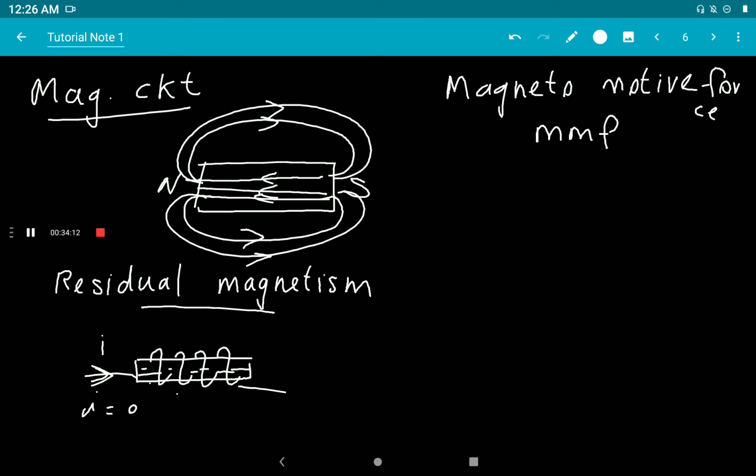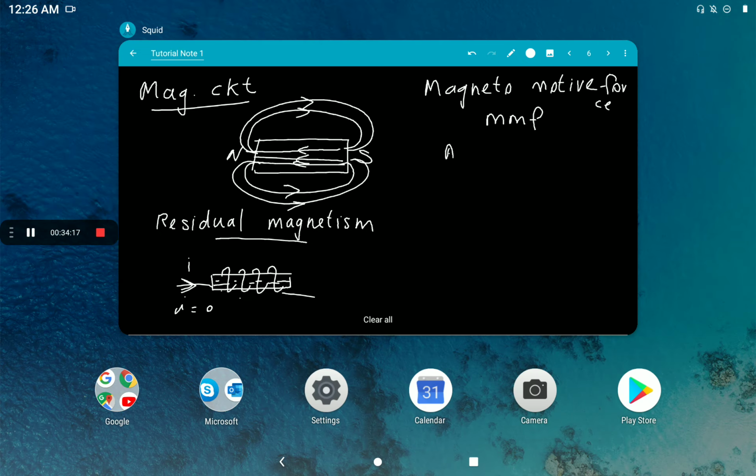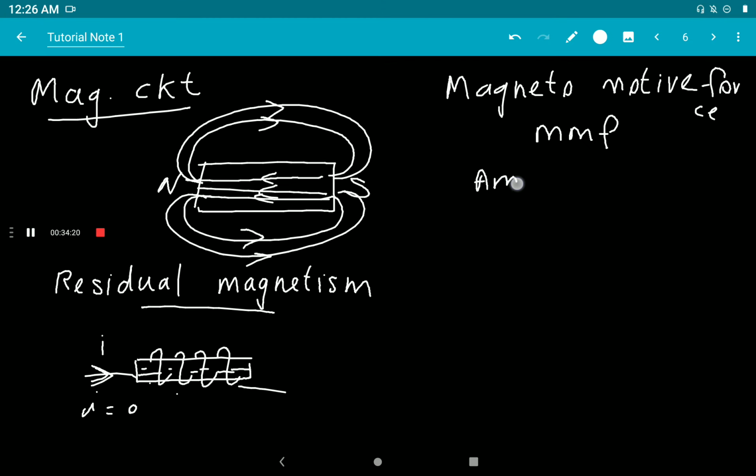It corresponds to EMF in an electric circuit, and the unit is ampere turns. Also MMF is equal to N into I, where I is the value of current in amperes and N is the number of turns in the coil.